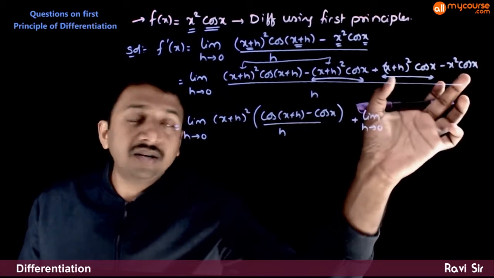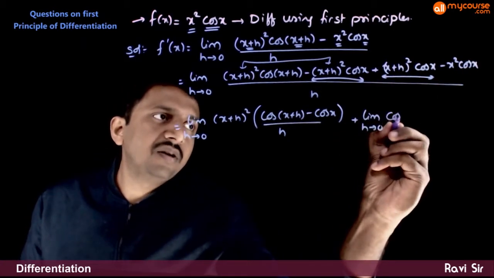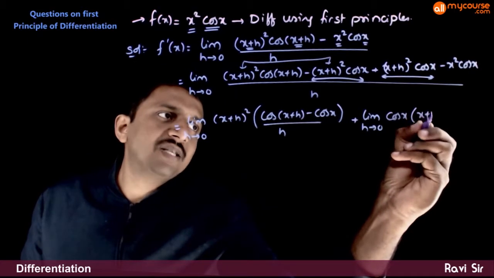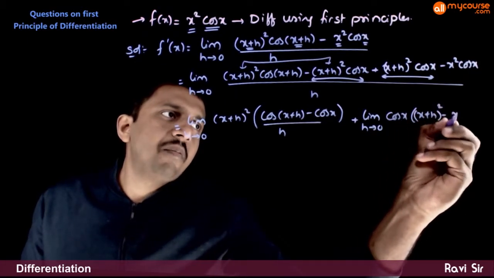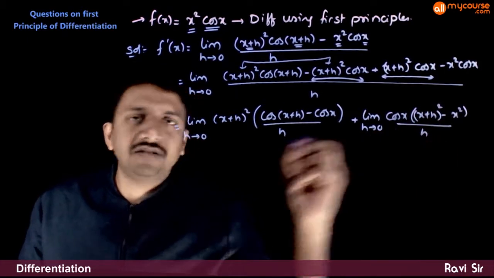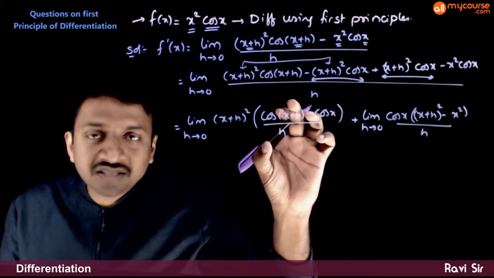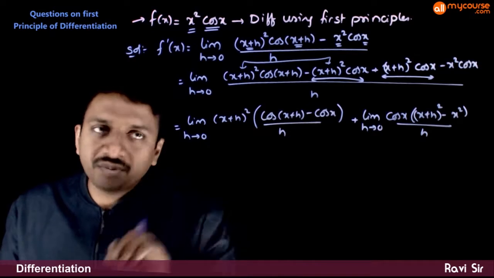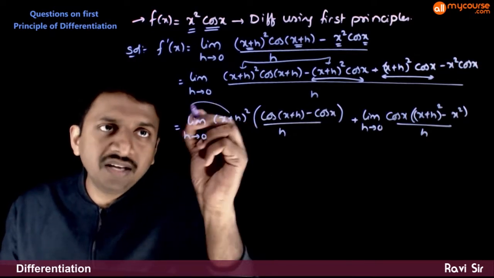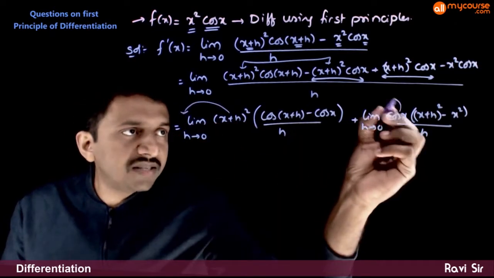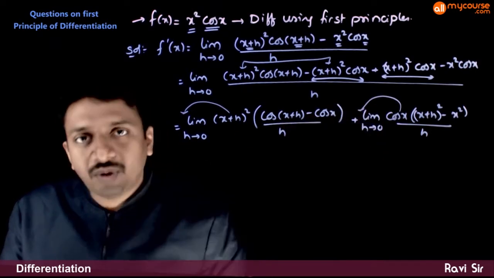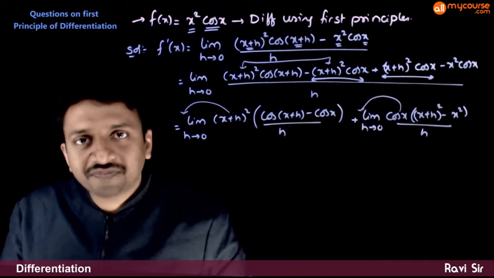In the second two terms cos x is common, cos x times (x plus h) whole square minus x square by h. So here the indeterminacy is in this term. This is becoming 0 by 0. This is not indeterminate. This can go out. Here cos x is a constant. It can come out because the limit variable is h.